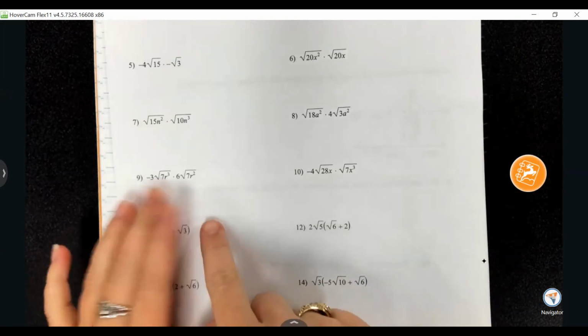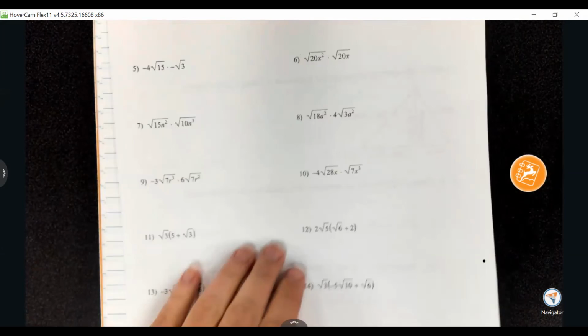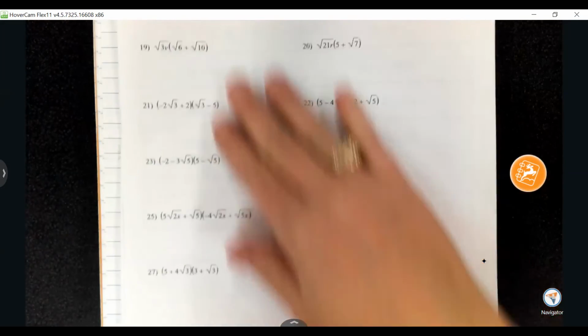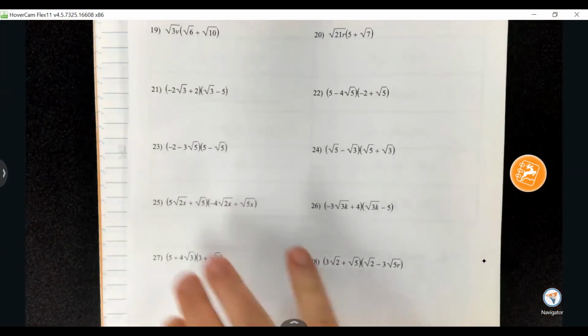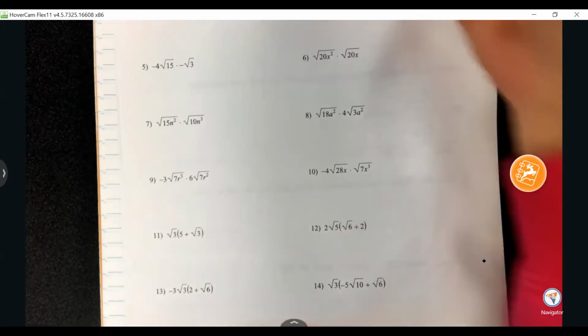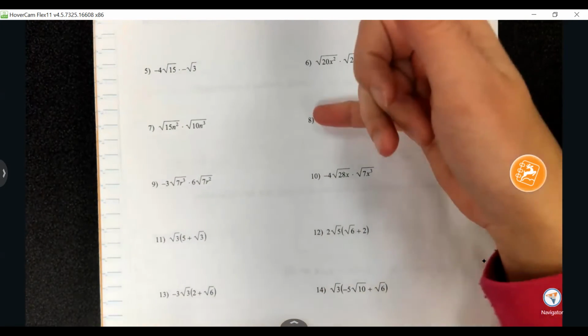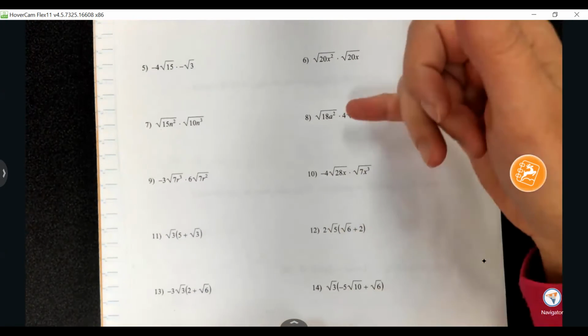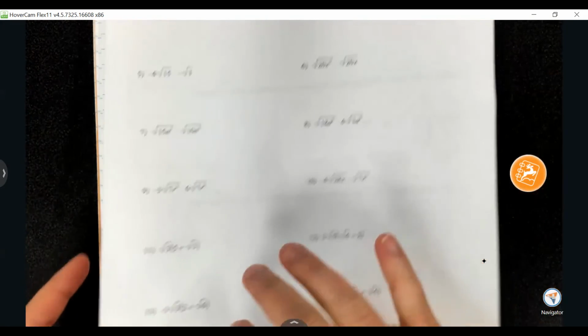But instead of going 9, 10, 11, 12, I want you to go 9, 11, 13, like start going down. That way you can make it to these harder problems, because I promise there are a lot of these on your quiz, okay? So start wherever you left off yesterday, and then just go down. So even if you stopped on number 8, then start at 8, 10, 12, okay?